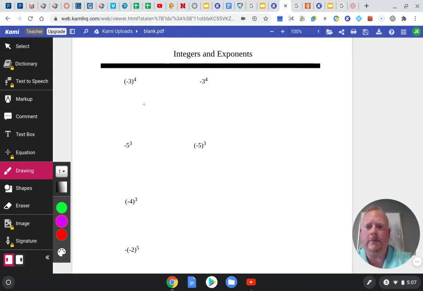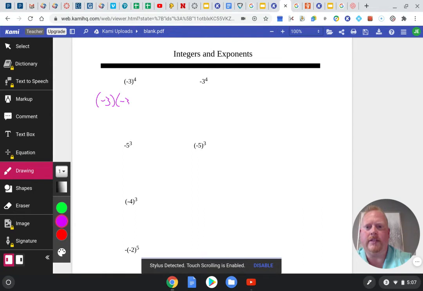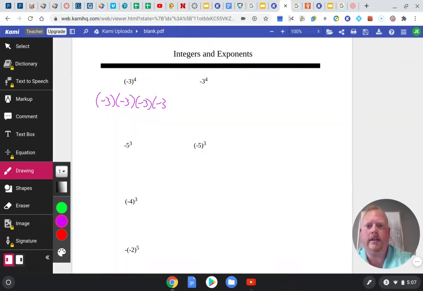So it literally means negative 3 times negative 3 times negative 3 times negative 3, which if we go ahead and multiply all the 3's, we get 81. There's 4 of them there, so since there's 4 negatives, it's going to be a positive 81.